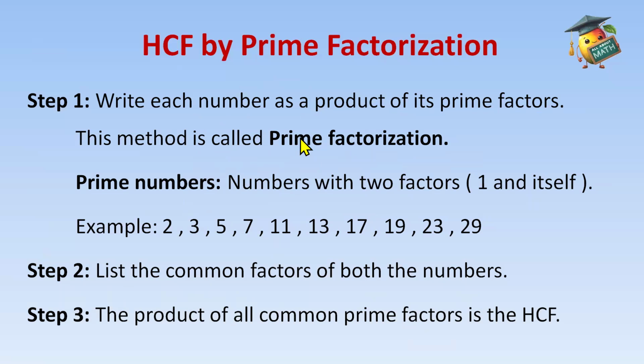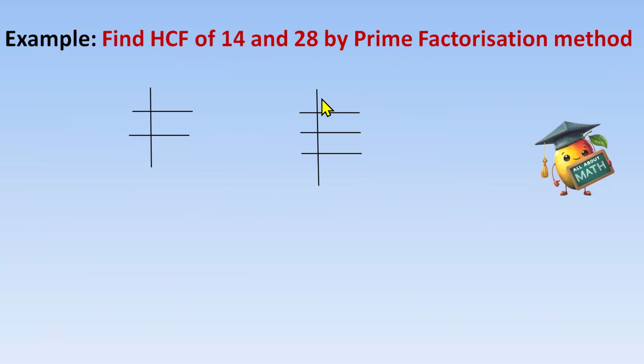First, you'll write the prime factorization of all the numbers whose HCF you need to find. Then you'll find the common factors. After that, you'll multiply all the common factors and you'll find the HCF. So first prime factorization, then common factors, then product of the common factors. Here you're not finding the highest one, as in the listing method.